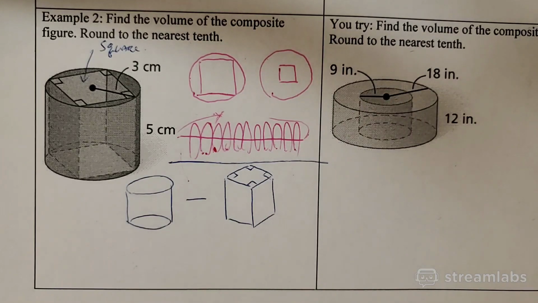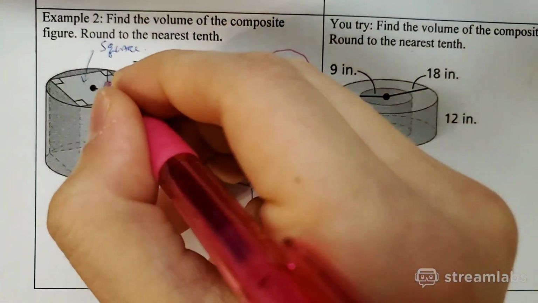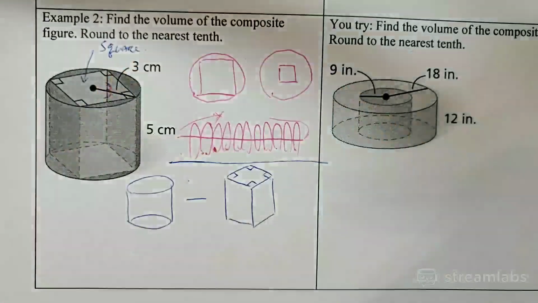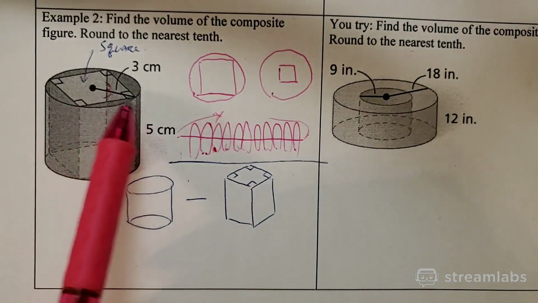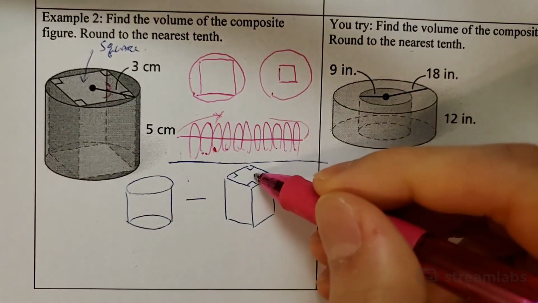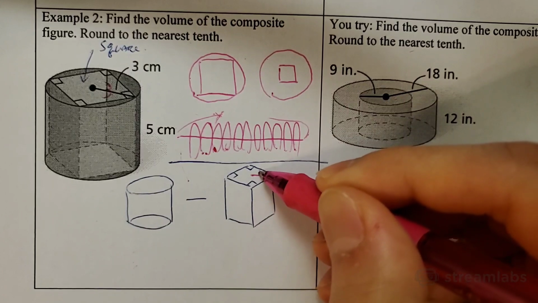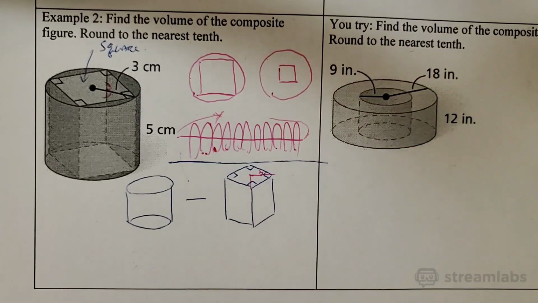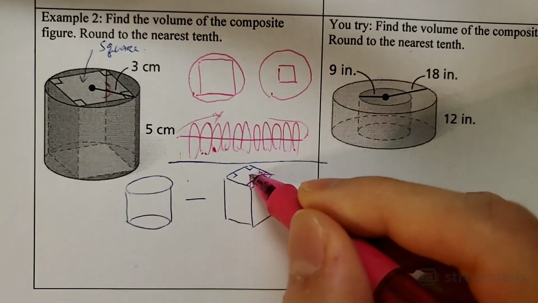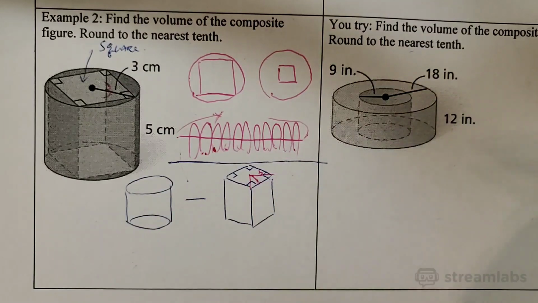All right, we're going to subtract. First of all, they tell you this part is 3, right? Similar to the previous problem, you need to find the base area first.